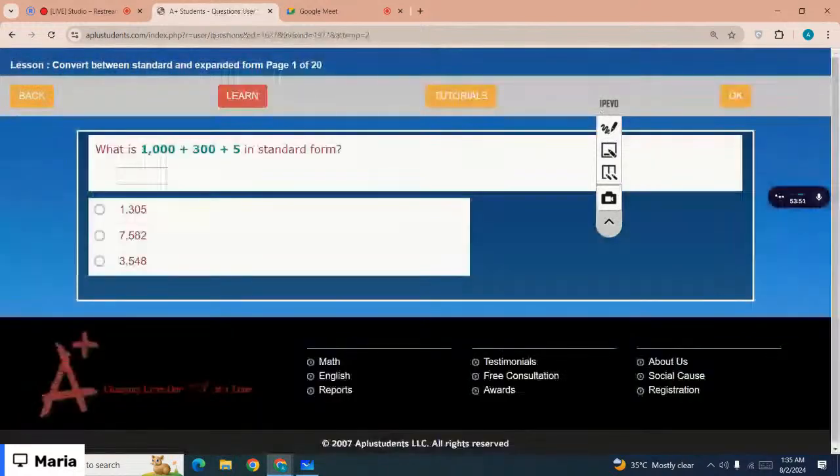What is 1000 plus 300 plus 5 in standard form?